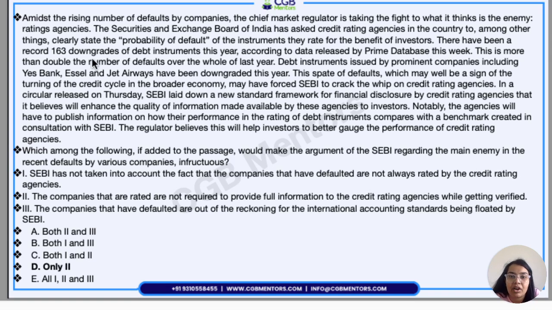There have been a record of so many downgrades of debt instruments used by prominent companies, including all of them. This spate of defaults, which may well be a sign of turning off the credit cycle, may have forced SEBI to crack the whip on credit rating agencies.